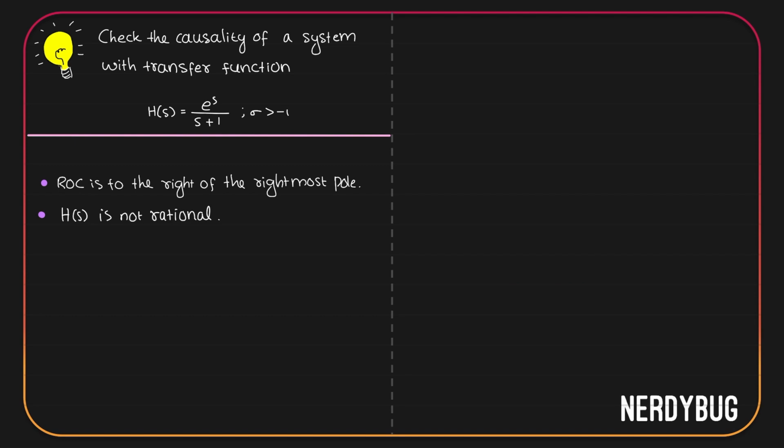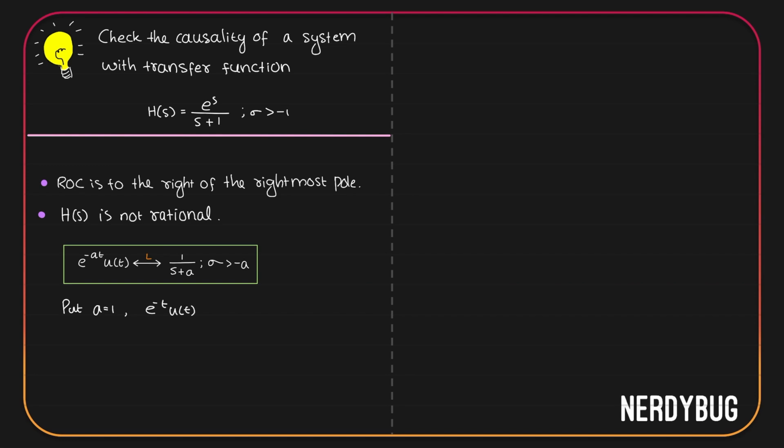For that, we will find the impulse function of the LTI system by taking inverse Laplace transform of H of s. We know Laplace transform of e raised to minus at u of t is 1 by s plus a, with sigma being greater than minus a. Let us put a is equal to 1. Then Laplace transform of e raised to minus t u of t will be 1 by s plus 1 with sigma being greater than minus 1.